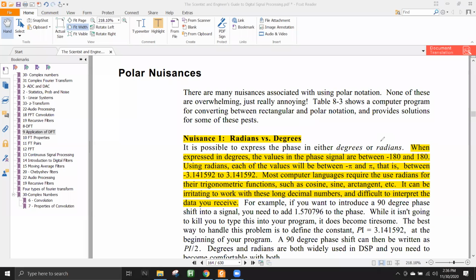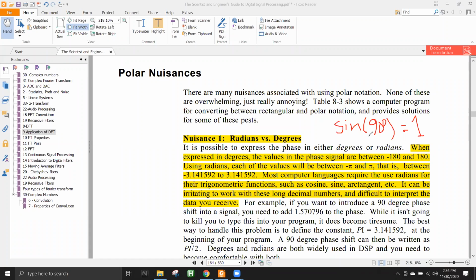For example, if you call the sine function in any programming language, C, C++, Java, or Python, usually we expect that sine 90 is supposed to give us 1. But if you pass 90 as an argument, you're not going to get 1.